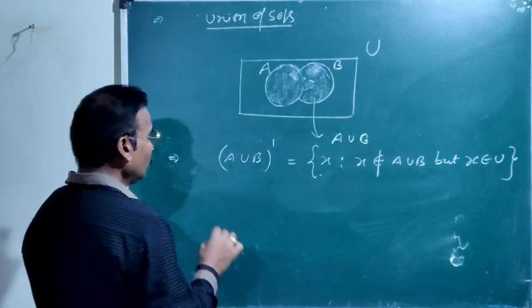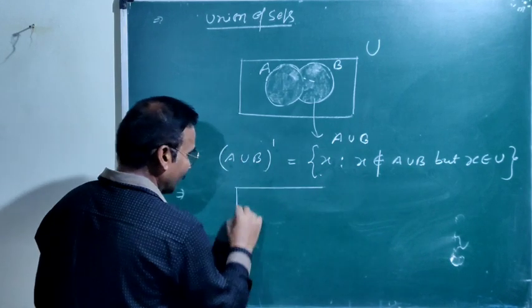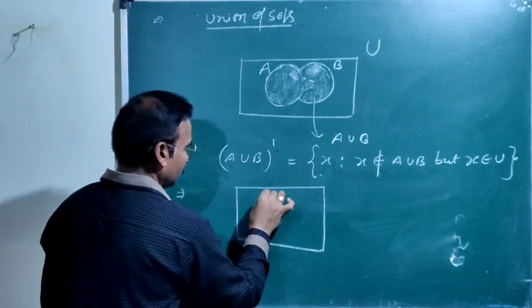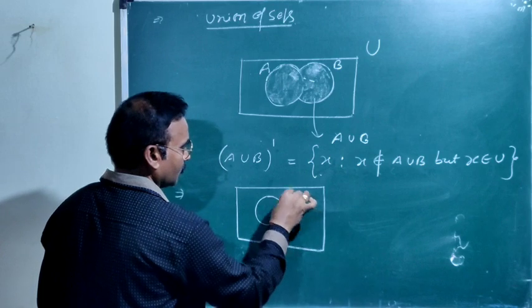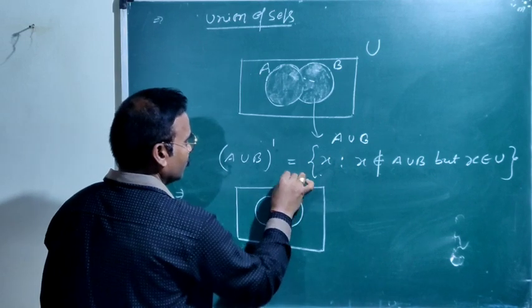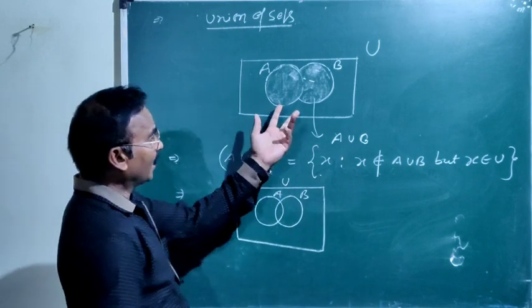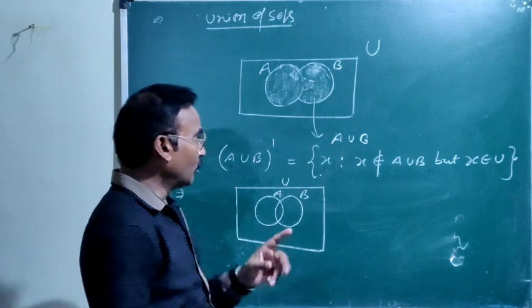The Venn diagram is constructed like this: this is U, this is A, this is B, and the shaded area is the union of the two sets.